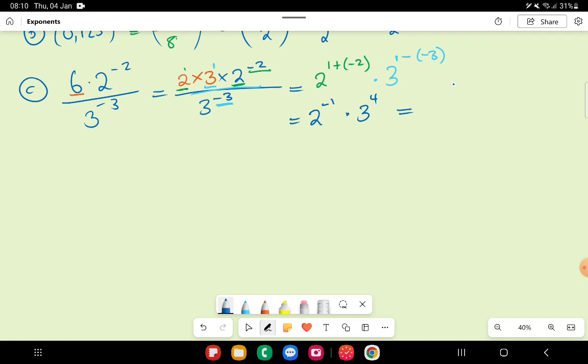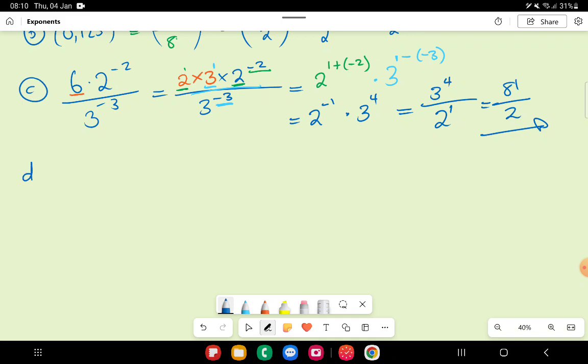As a fraction, this becomes 3 to the power of 4 over 2 to the power of 1, which then becomes 3 to the power of 4 is 81 if I'm not wrong. 3 exponent 4 is 81 over 2, and that's your final answer.